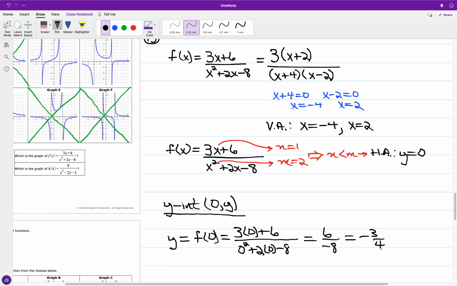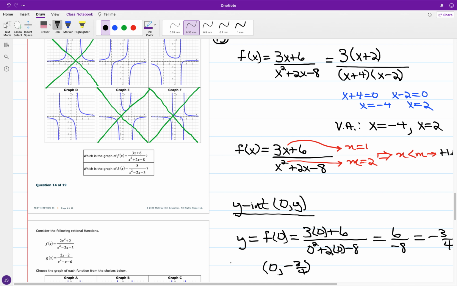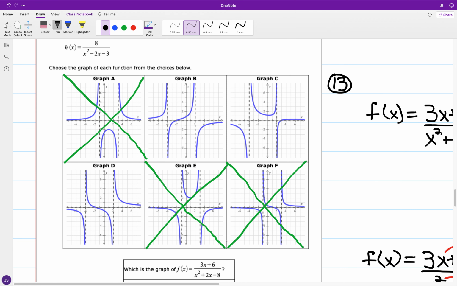So your y-intercept is y equal to negative 3/4, or in coordinate terms, 0, negative 3/4.